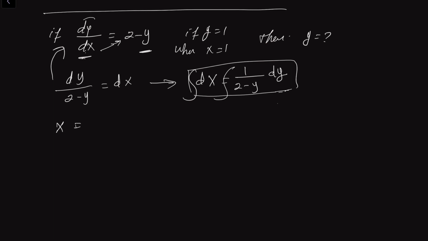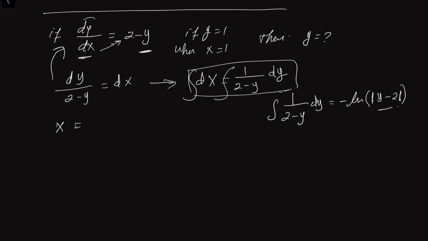We can say the integration of 1 over 2 minus y dy is equal to natural log. We want to make it like y minus 2, so we can say minus natural log of y minus 2. So that's the integration.